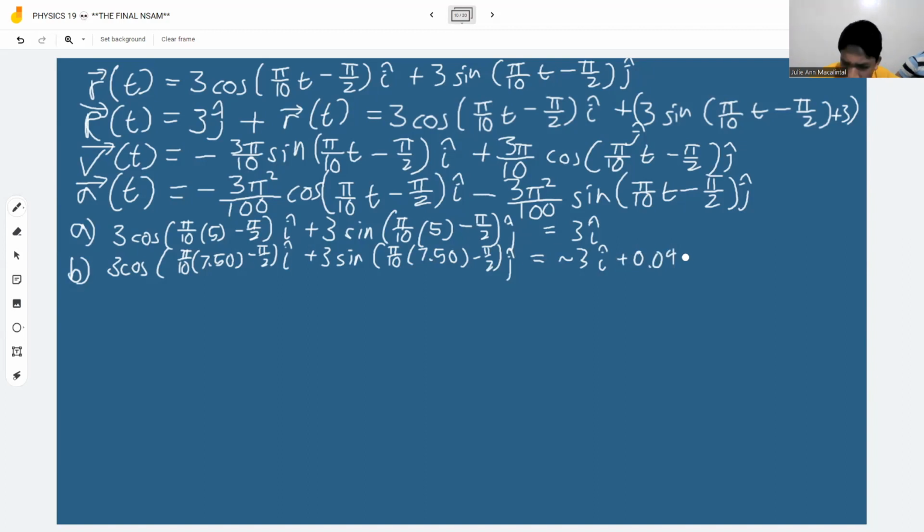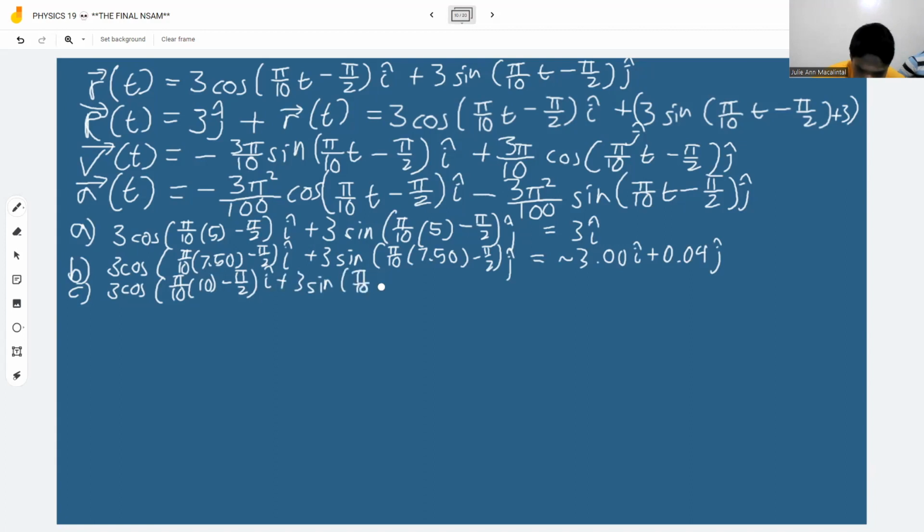Tapos, so for letter A, five, seven, and 10.